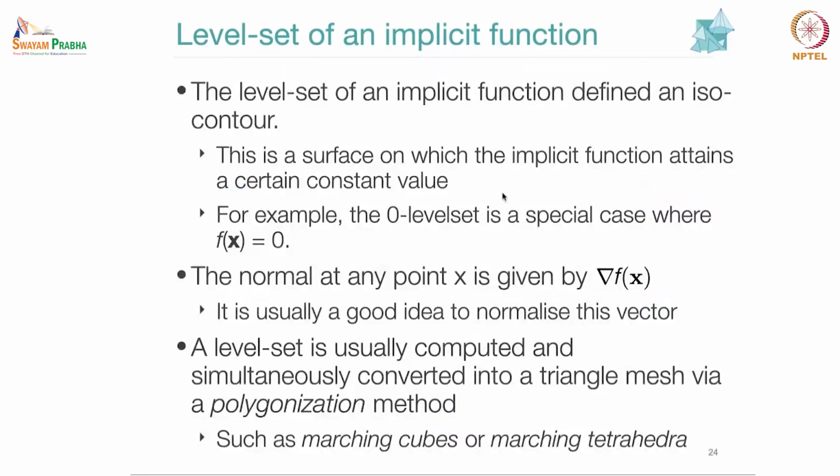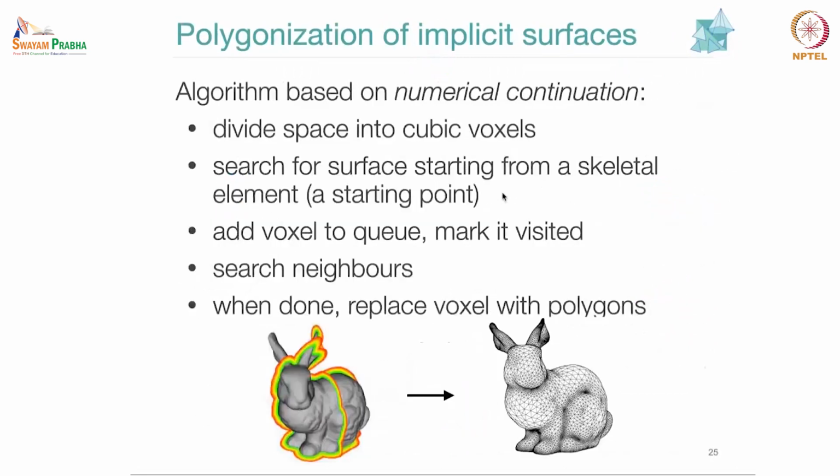All right, so polygonization is an algorithm based on numerical continuation. Basically you have a space divided into cubic voxels or a tetrahedral grid, and you search for a surface starting from a skeletal element or starting from a point.